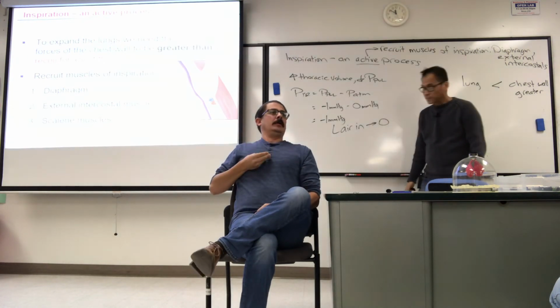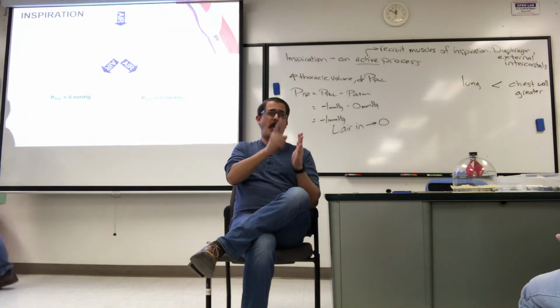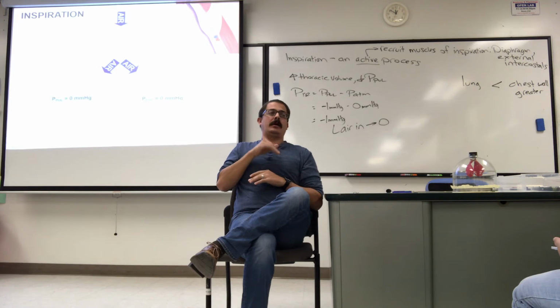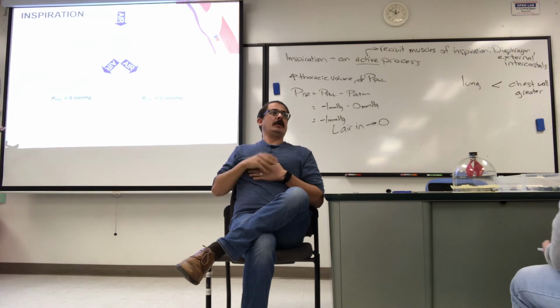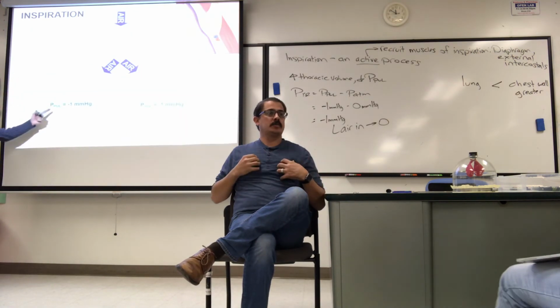So I have this animated right here. Let's pretend this is FRC, the moment before, where everything's equilibrated, 0. It's 0 on the inside, you assume it's 0 on the outside. You take a breath in, you expand the thoracic volume, you expand the lungs with it. That decreases the pressure inside the alveolar spaces to -1.